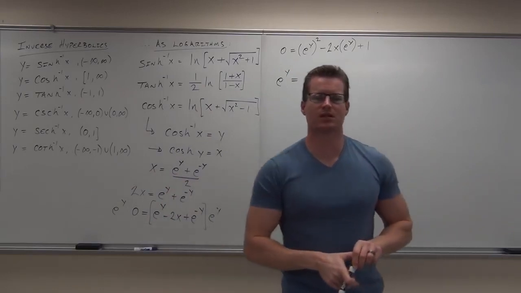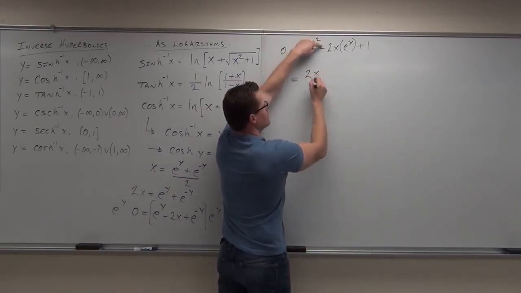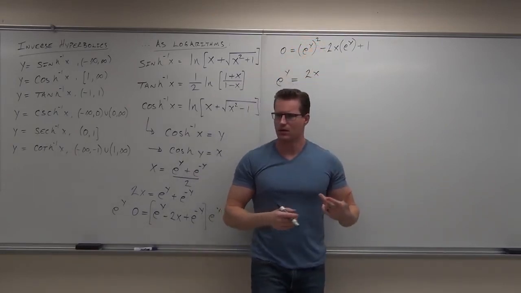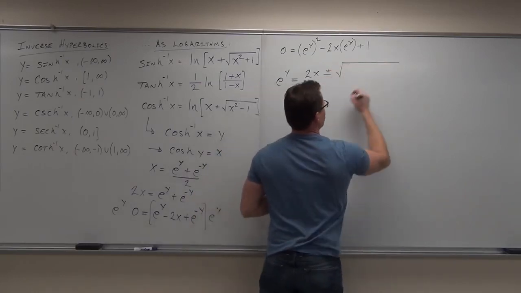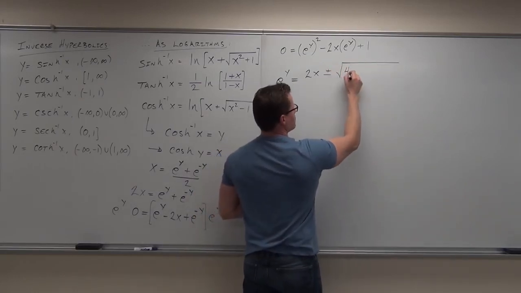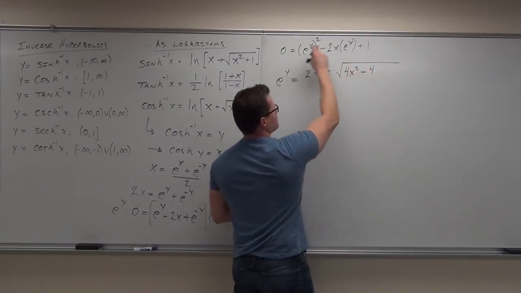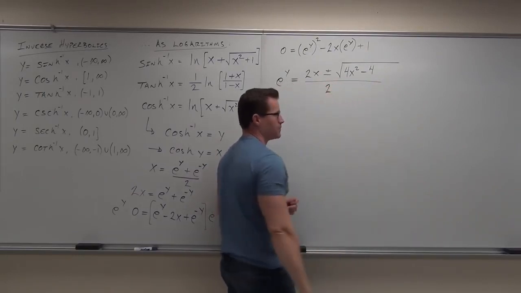So the quadratic formula says negative b. Negative b. So negative this would give me positive 2x. You guys okay with that one? Plus or minus radical b squared minus 4 times a times c all over 2 times a.